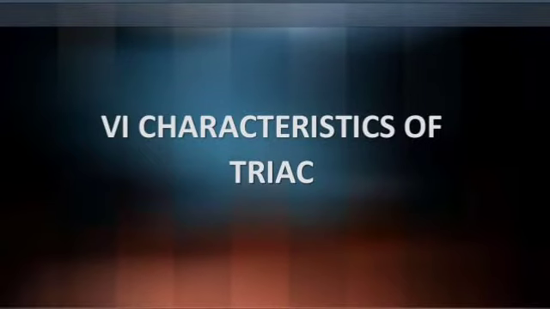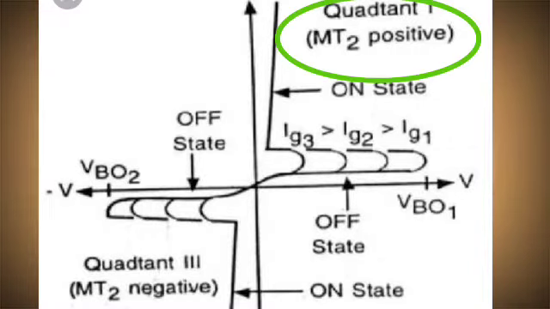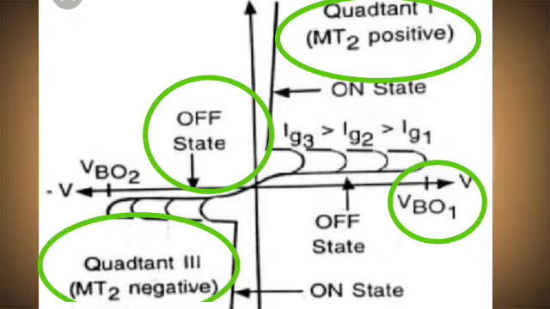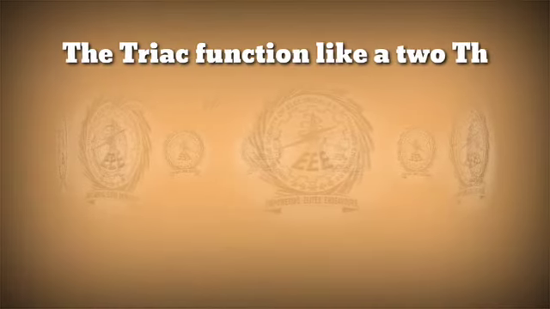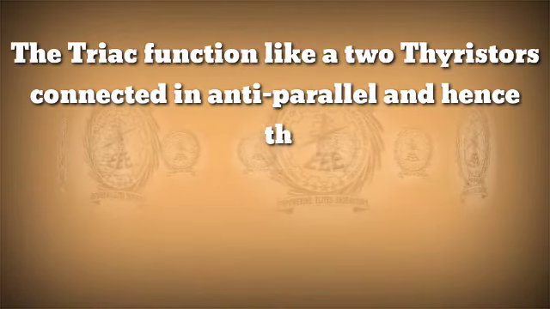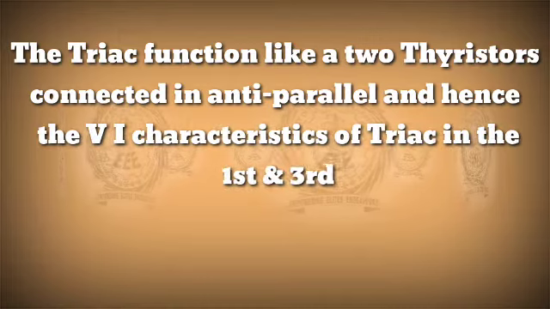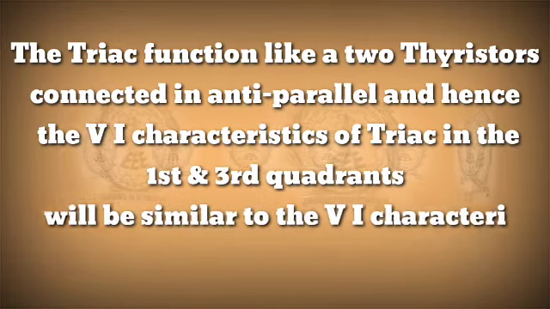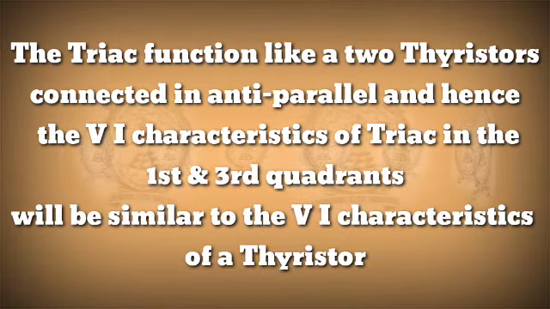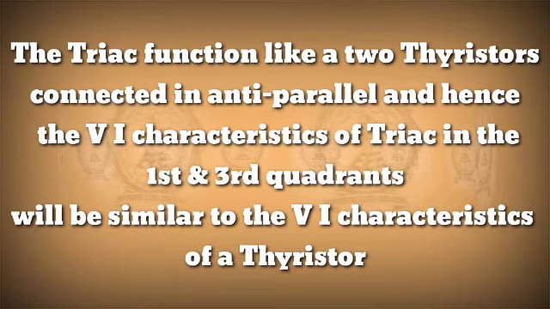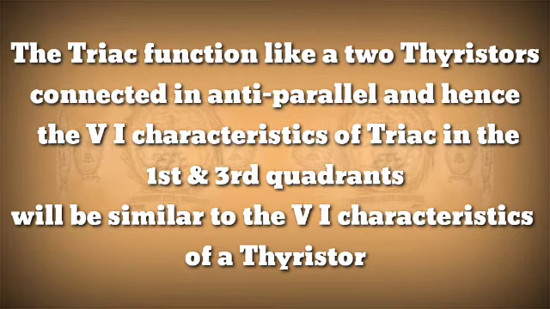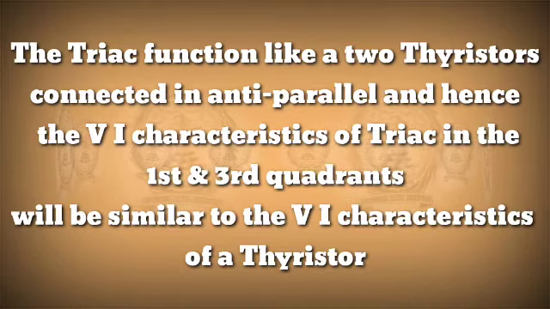Let's observe the VI characteristics of triac. The triac functions like two thyristors connected in anti-parallel, and hence the VI characteristics of triac in the first and third quadrants will be similar to the VI characteristics of a thyristor.